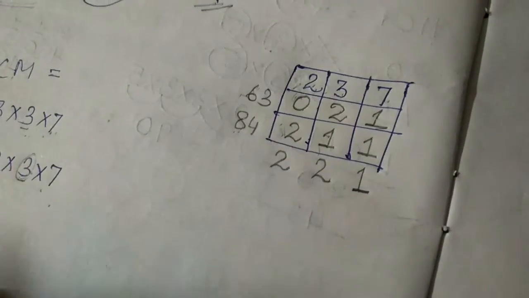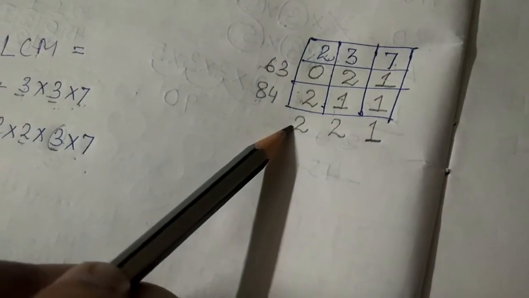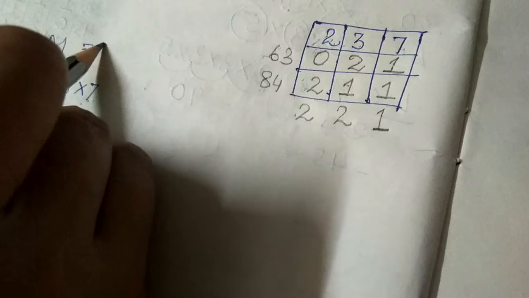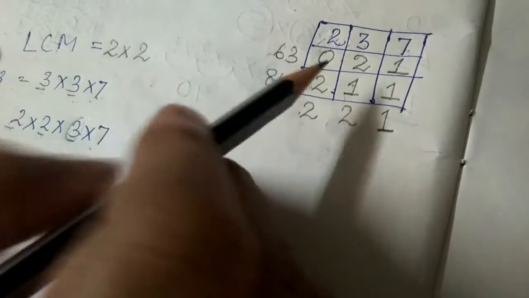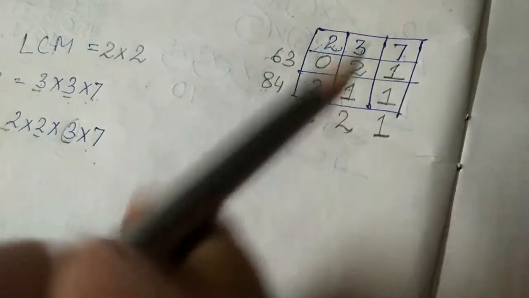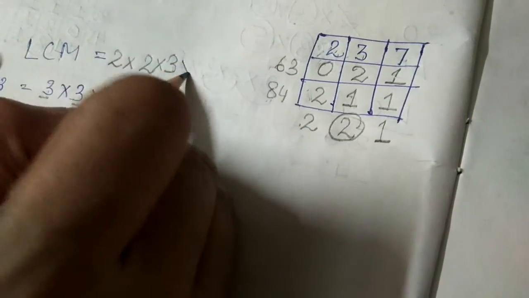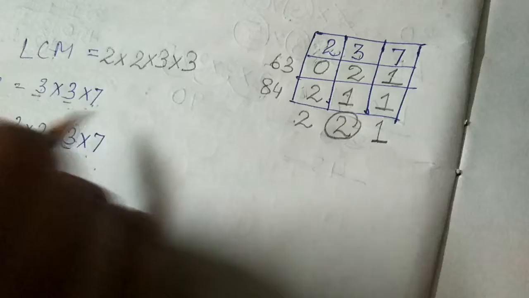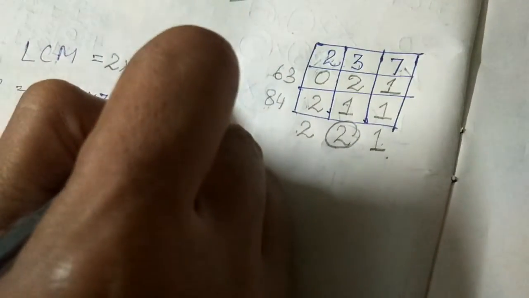Okay, so now how do we find the LCM? See, 2, how many times maximum is it coming? 2 times, so we will write 2 multiplied by 2. Okay, 3, how many times maximum is it coming? 2 times, so we will write 3 multiplied by 3. And this 7, how many times is 7 coming?